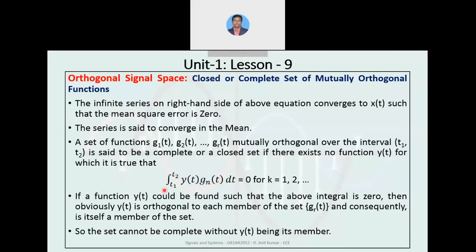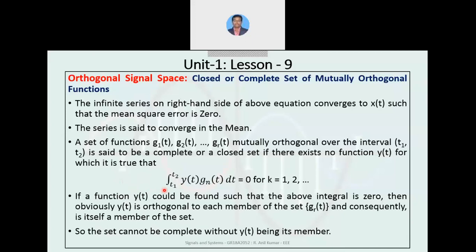So the set cannot be complete without y of t being its member. If y of t is not included, then it will not be a complete set.